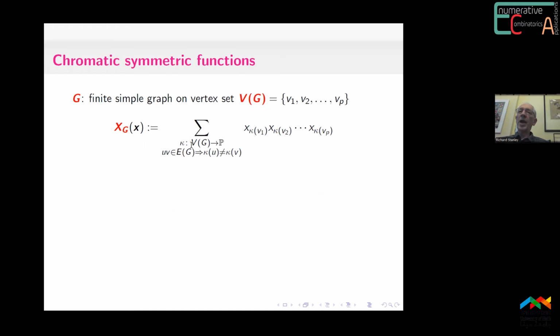So all maps kappa from V_G to the positive integers such that if we have an edge, the colors of the endpoints of the edge are different. And then x_kappa(v_1), x_kappa(v_2), etc. This symmetric function is telling you not just the number of vertices of n colors, but how many times each color occurs.